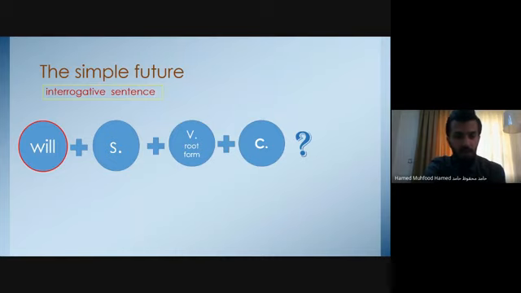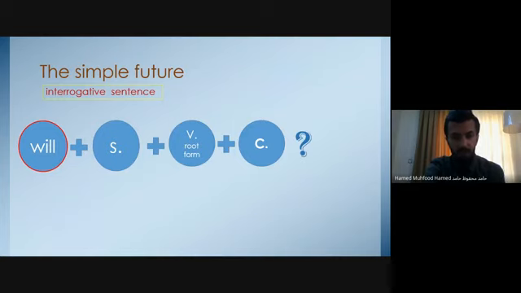So we started with the WH word, and most of the times when we form a WH question, we follow the first rule, which contains an auxiliary verb. So if it is in the simple future tense, it will start with the WH word and then the auxiliary verb.